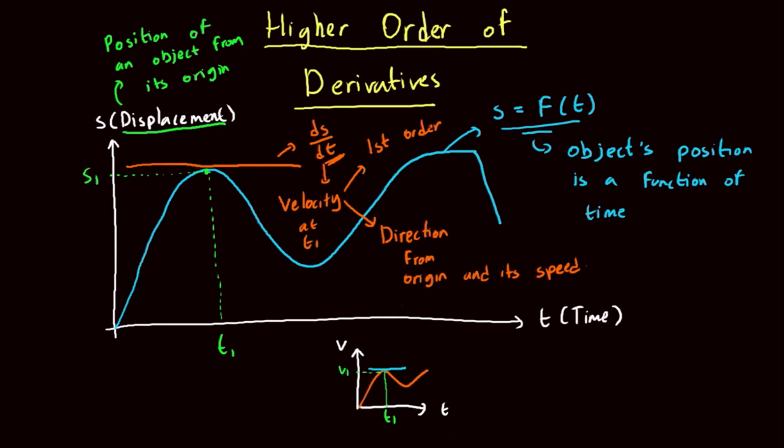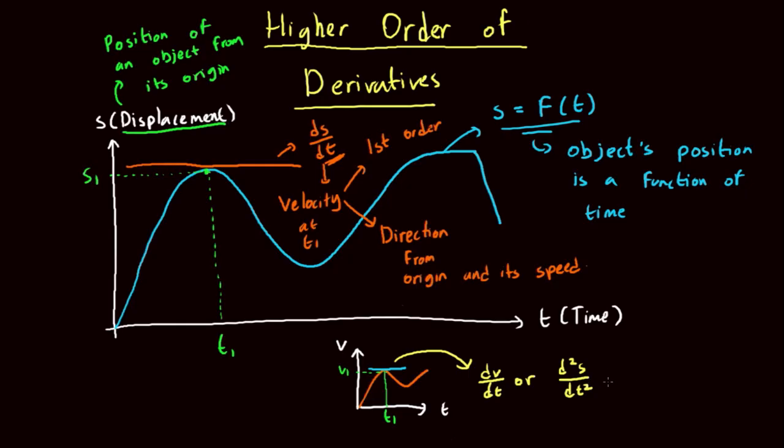So this line here will represent dv dt, the derivative of velocity with respect to time, or the second order derivative of displacement, d squared s over dt squared.